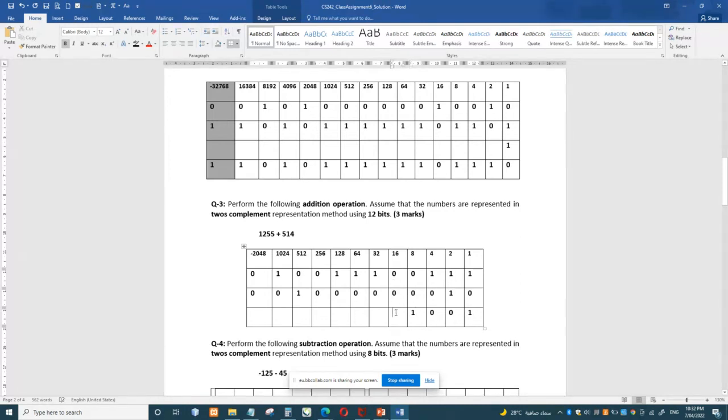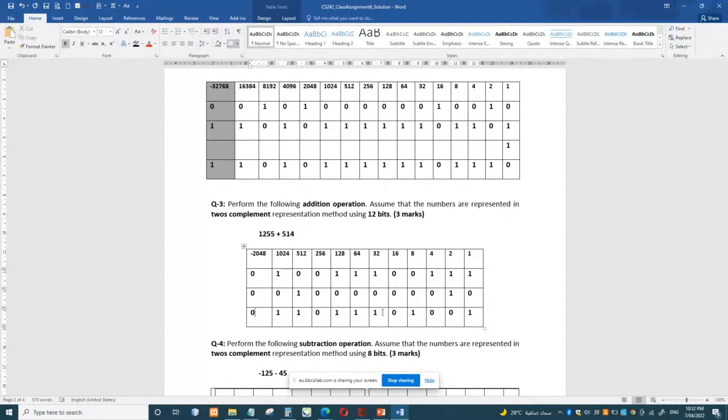0 plus 0 again 0. 1 plus 0 is 1. 1 plus 0 is 1. 1 plus 0 is 1. 0 plus 0 is 0. And 1 plus 0 is 1. 1 plus 0 is 1. And 0 plus 0 is 0. So that is the addition of 1255 plus 514.